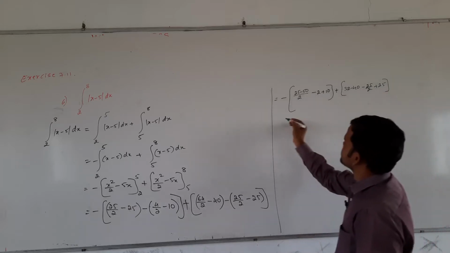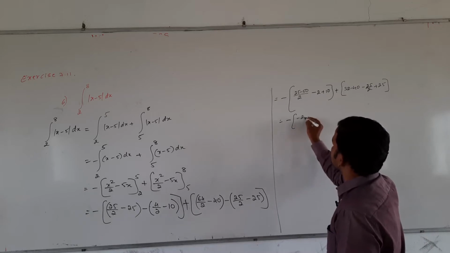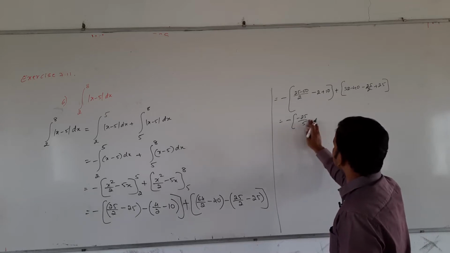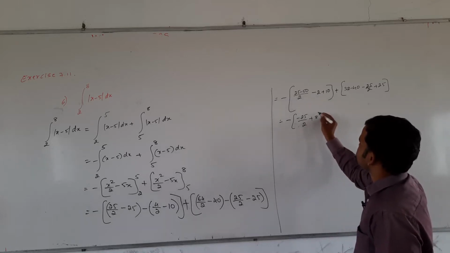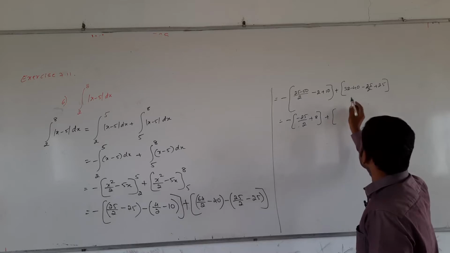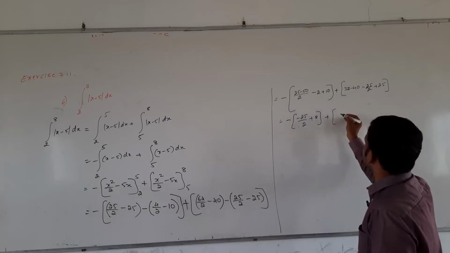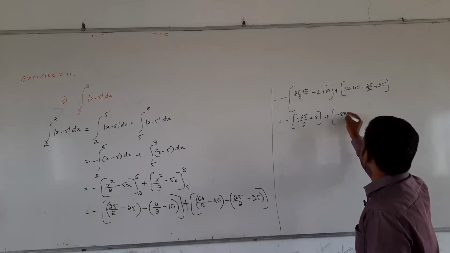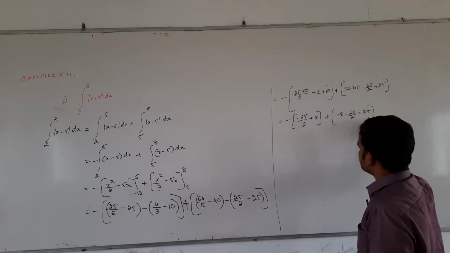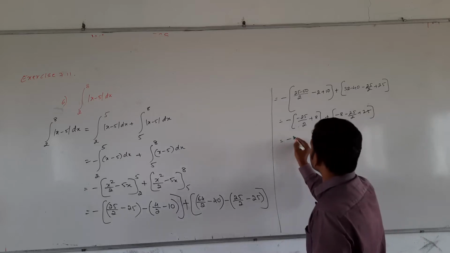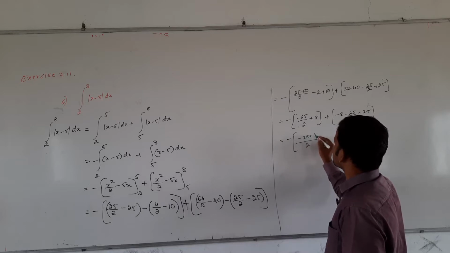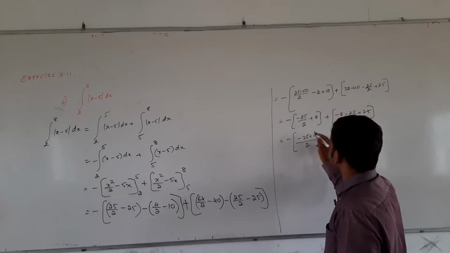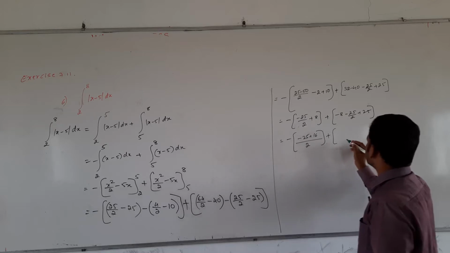Here we have minus of 25 minus 50 by 2, minus 2 plus 10 is plus 8, plus of 32 minus 40 is minus 8, minus 25 by 2 plus 25. Here minus outside, cross multiply it.